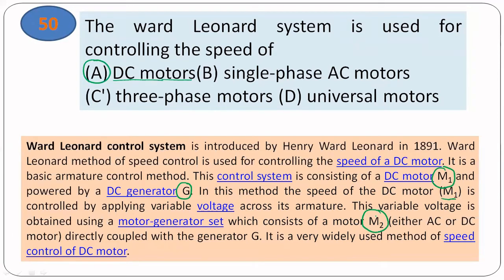The motor M2 might be an AC motor or a DC motor which is directly coupled to the generator, and it is a very popular method of controlling the speed of a DC motor, and is a widely accepted concept in DC motor speed control.